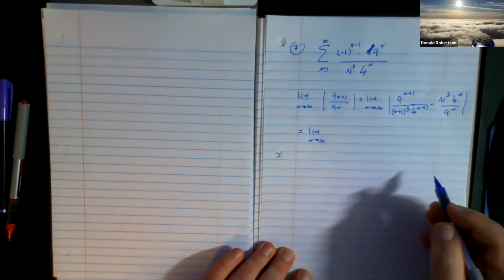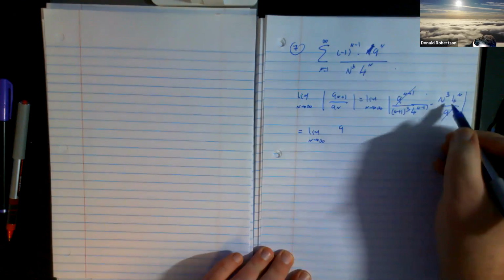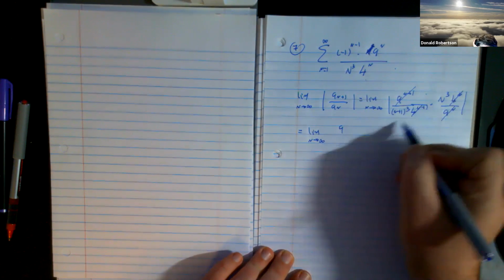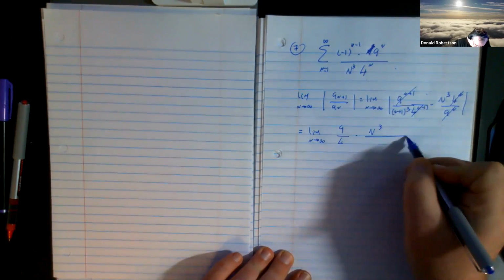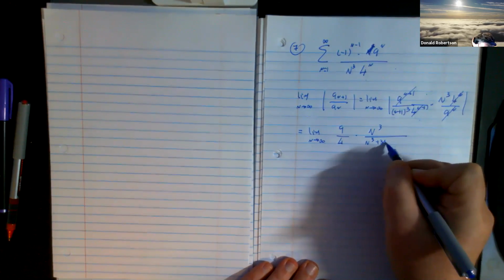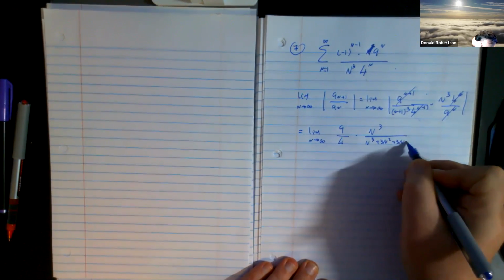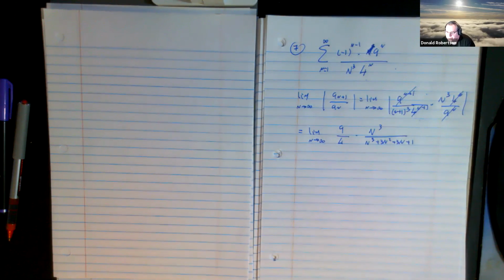Okay, there's a lot happening here. That guy cancels with that and leaves a 9 on the top. This guy cancels with that and leaves a 4 on the bottom. I have an n cubed and an (n plus 1) cubed, which I'm now going to multiply out. And that's where we are right now.